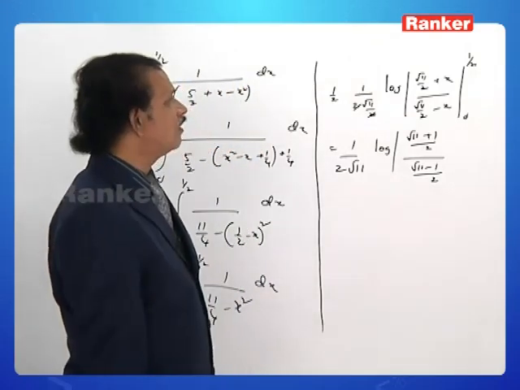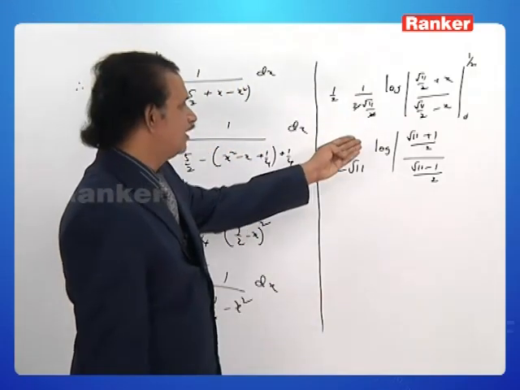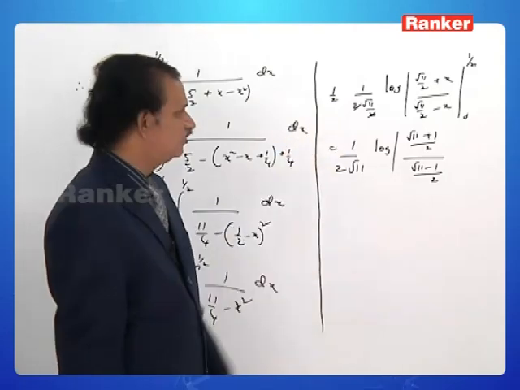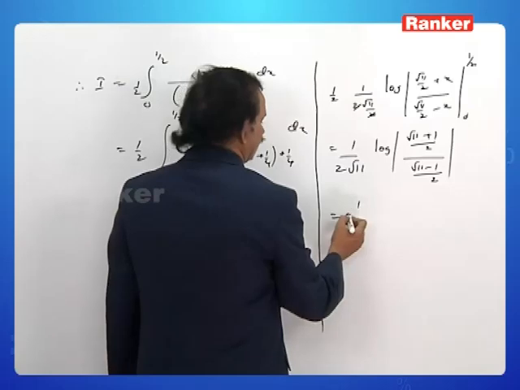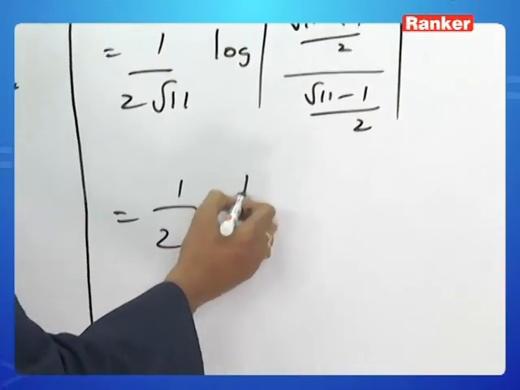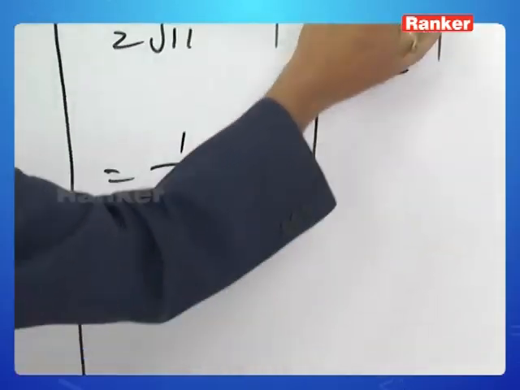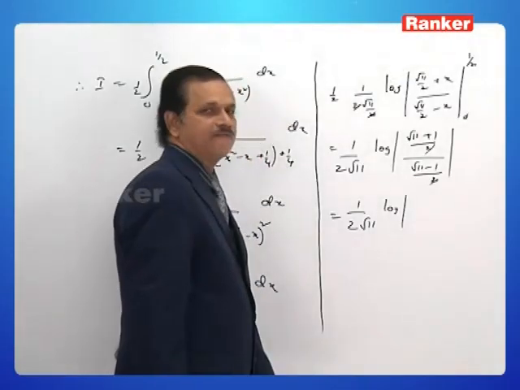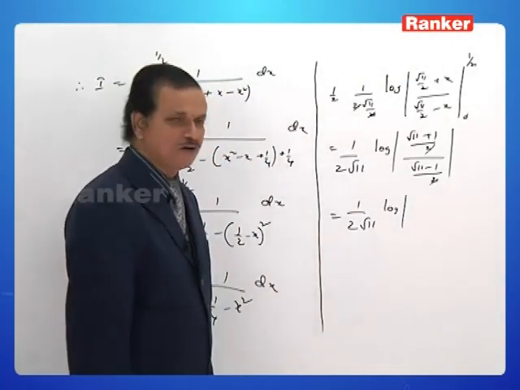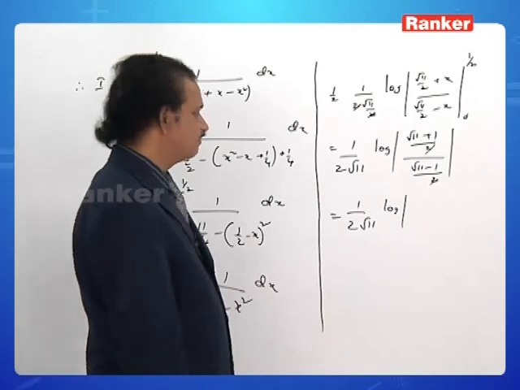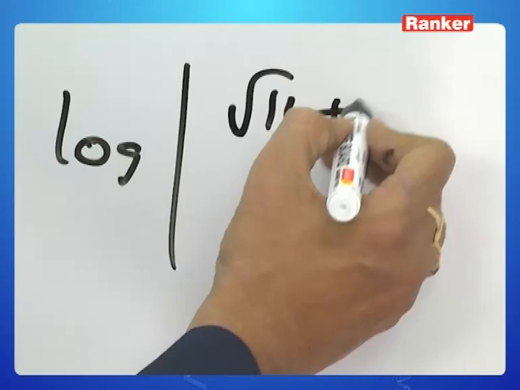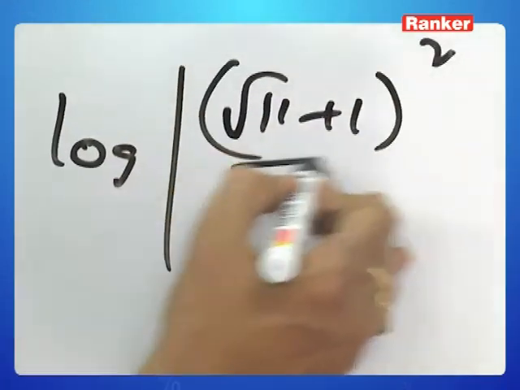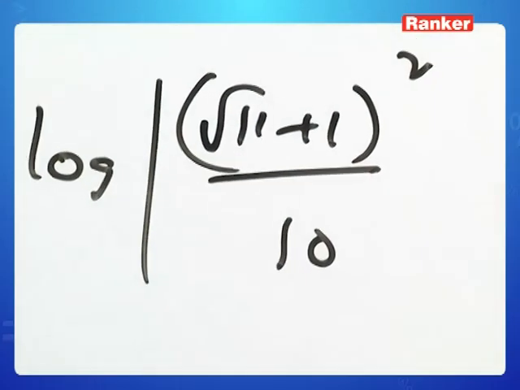If you put x equal to 0, root 11 by 2 by root 11 by 2 becomes 1 and log 1 is 0. So totally it is 1 by 2 root 11 into log mod. You can cancel 2, and if you want to rationalize the denominator, you may have to multiply with root 11 plus 1 so that it becomes root 11 plus 1 whole square by 10, isn't it?